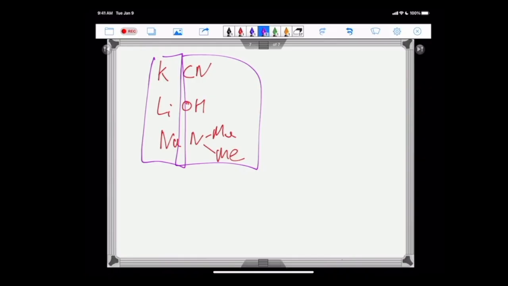It is a negatively charged heteroatom, like an oxygen, a carbon, a nitrogen, a sulfur, with some type of other salt, calcium, lithium, potassium. Anytime you see one of these species, we chose that for a reason. We put this in here because we're trying to favor an SN2 reaction, not SN1. Okay?